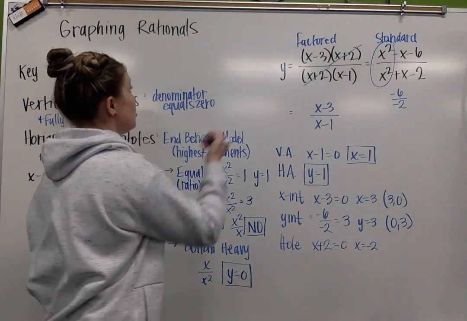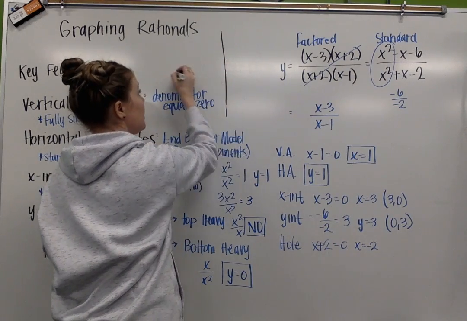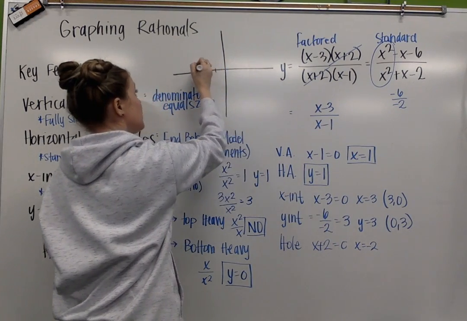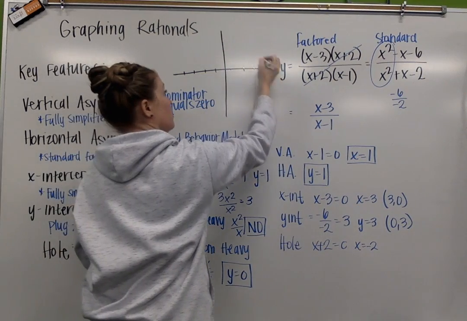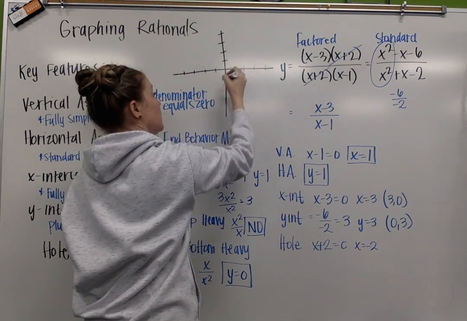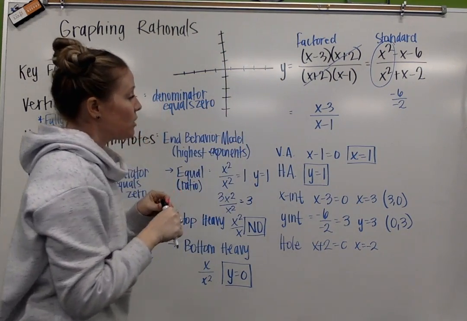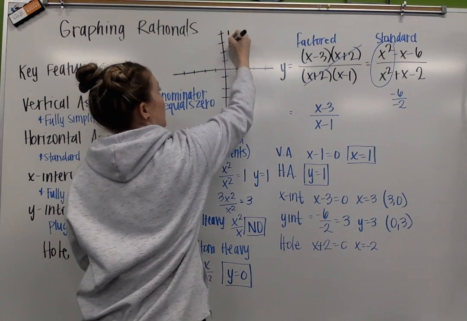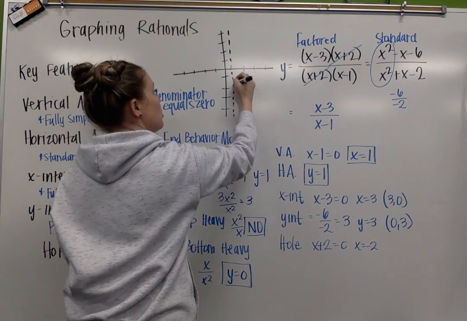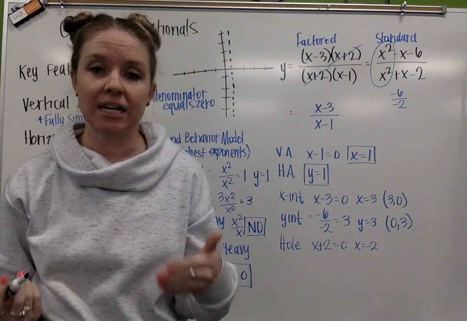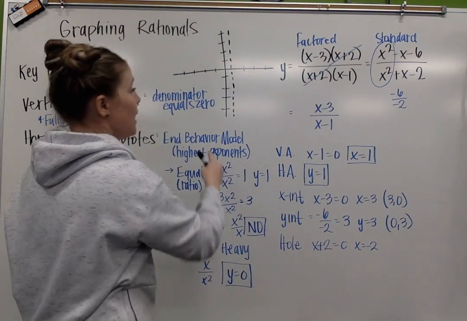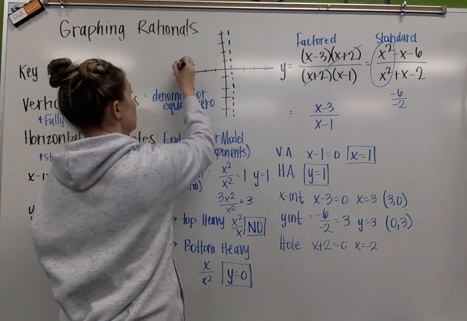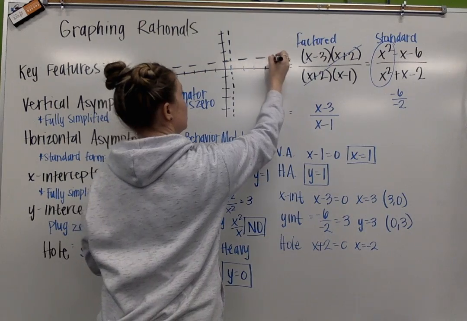So I'm going to quickly show you a sketch of this rational function, and then we'll go through another example on another video here. So my vertical asymptote is at x equals 1. The vertical asymptote doesn't really exist, but we're going to see our graph approach it. And then I have a horizontal at y equals 1.